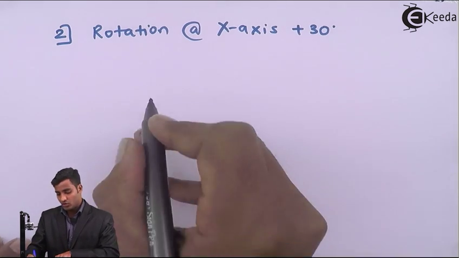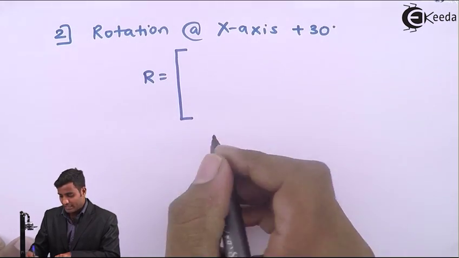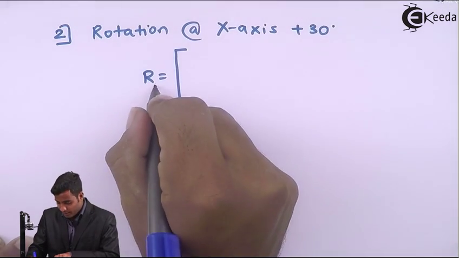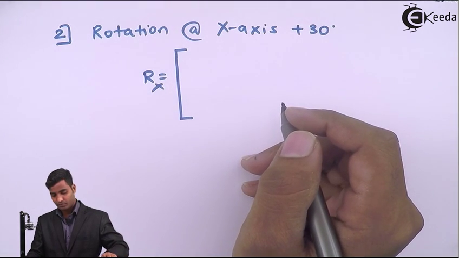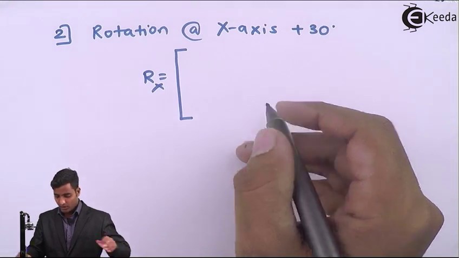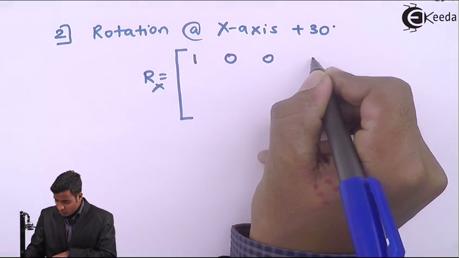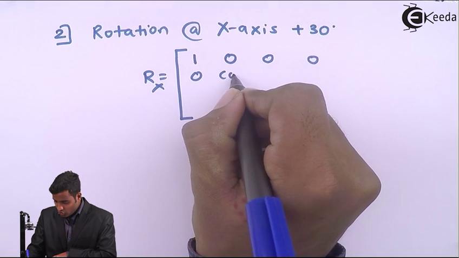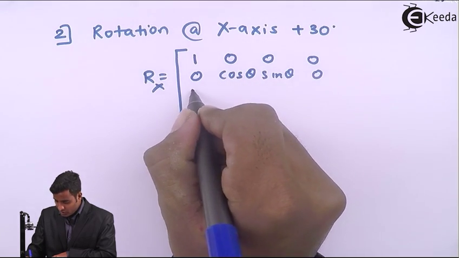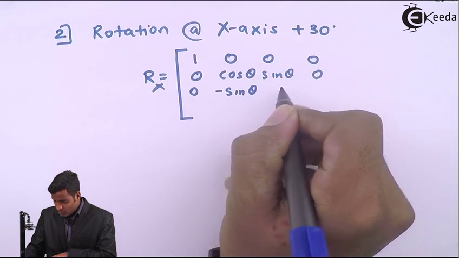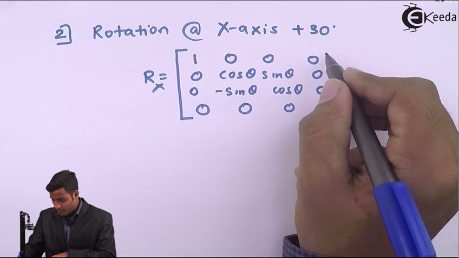Now we will write down the standard matrix for rotation about the x-axis, which is 1 0 0 0, 0 cos theta sin theta 0, 0 minus sin theta cos theta 0, 0 0 0 1.